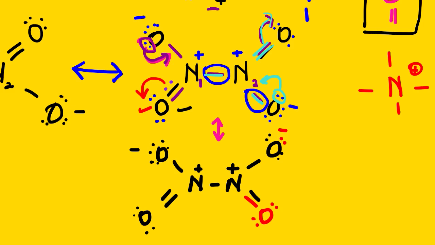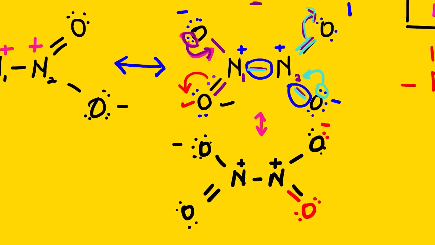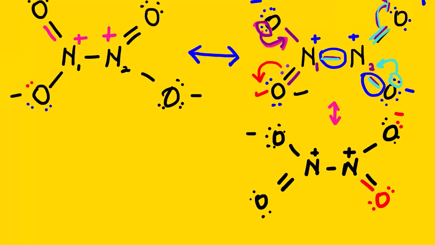If we calculate the overall, we are going to have a total charge of 0. Now we do have the last resonance structure that we can present for this particular example.